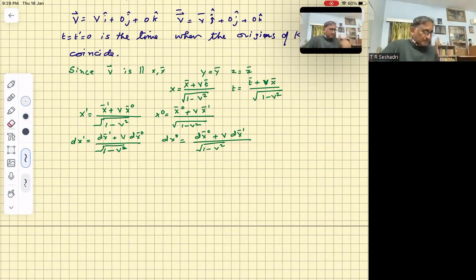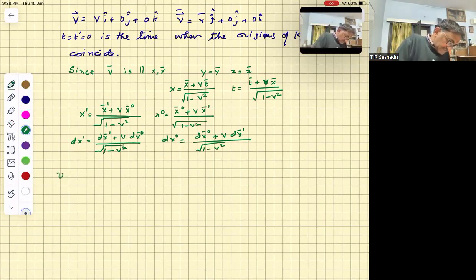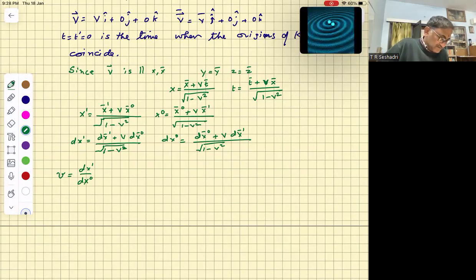Similarly for the barred coordinates. Then the velocity of the particle, which I will call the script v, to differentiate between capital V, which is the velocity of the frame, this v will be equal to dx1 by dx0. You're with me here? Is it okay? Okay.